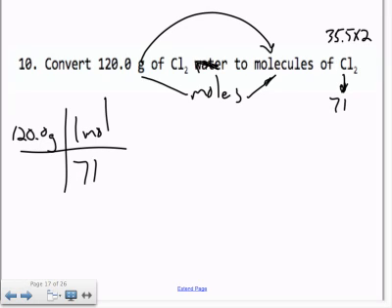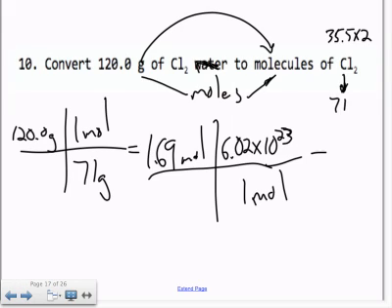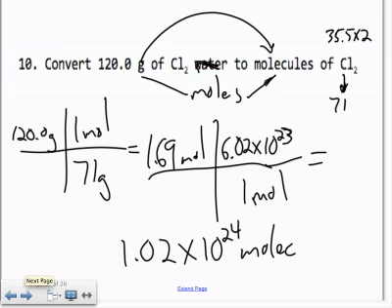So we're going to do 120 divided by 71, which is going to equal 1.69 moles. And then to go from moles to molecules, we do 1.69 times 6.02 times 10 to the 23rd, and we come up with 1.02 times 10 to the 24th molecules.